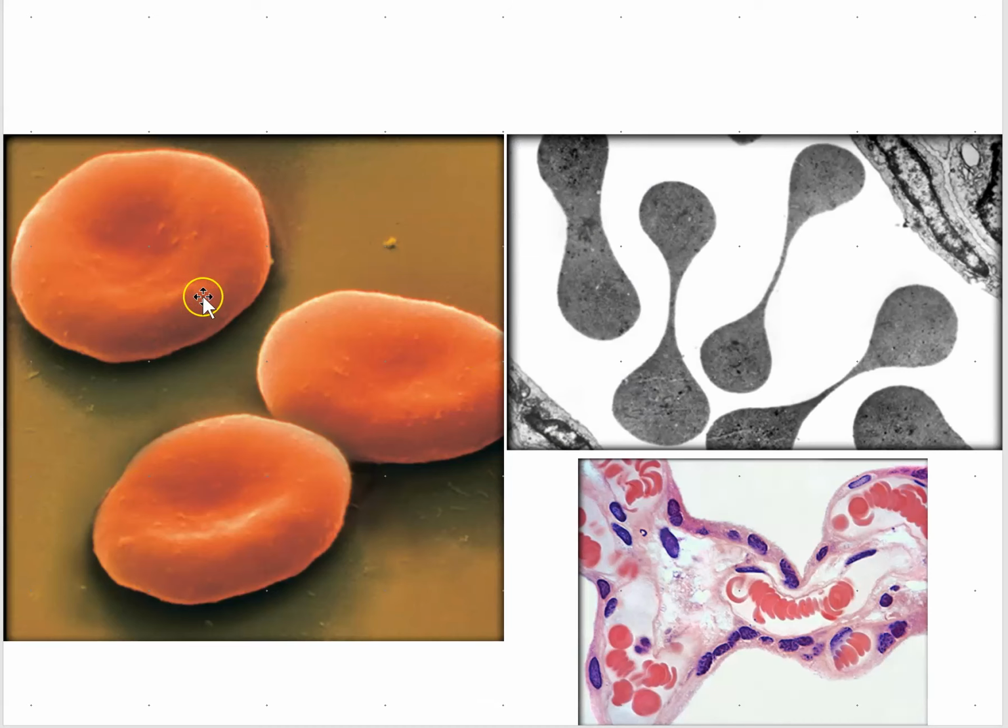If you look at the shape of red blood cells over here, this is a scanning electron microscopy image of a red blood cell. They have a shallow center, and the cross section makes them look like a dumbbell-shaped cell. These are red blood cells that flow through the bloodstream.